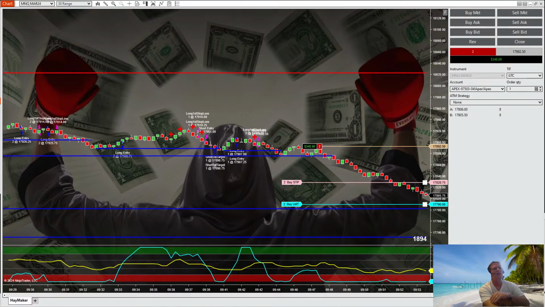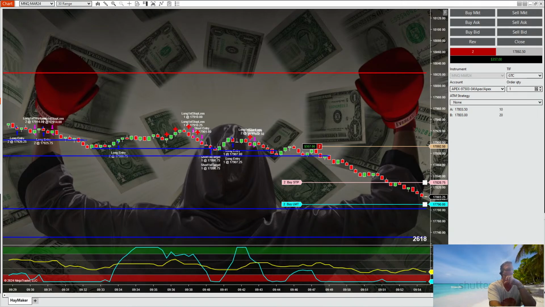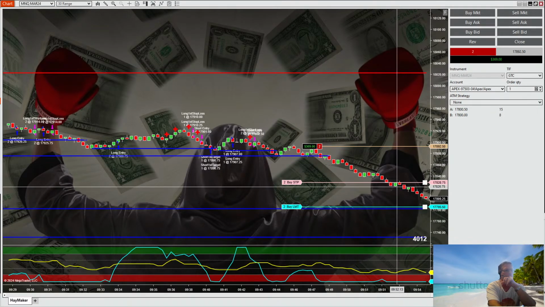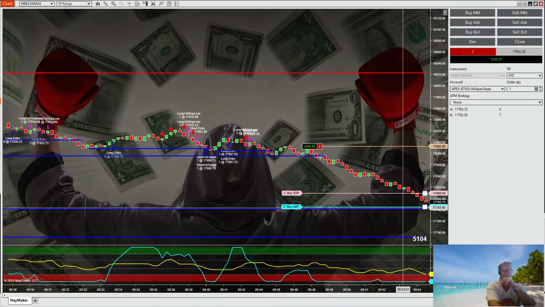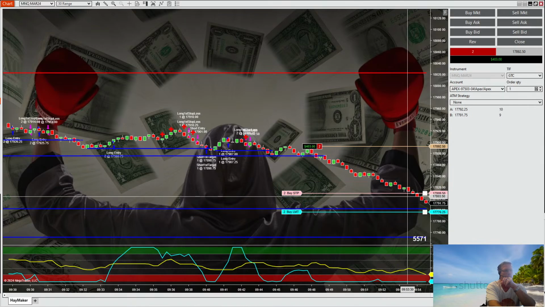That is, that's the haymaker. That's our 30 range NASDAQ. This thing might go all the way through.